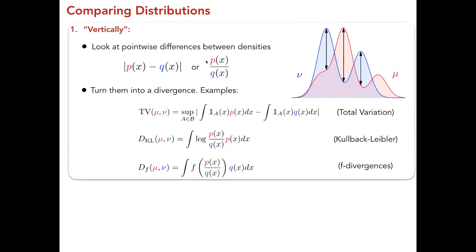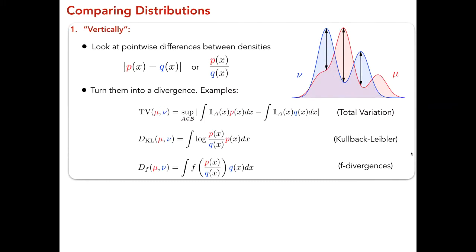So you look at pointwise differences or pointwise ratios between densities, and you try to turn them into a divergence. So, for instance, you can define the total variation distance, which is, in a way, the supremum over those differences, the Kullback-Leibler divergence, which is a function of the ratios, or more generally, any type of F divergence, right?